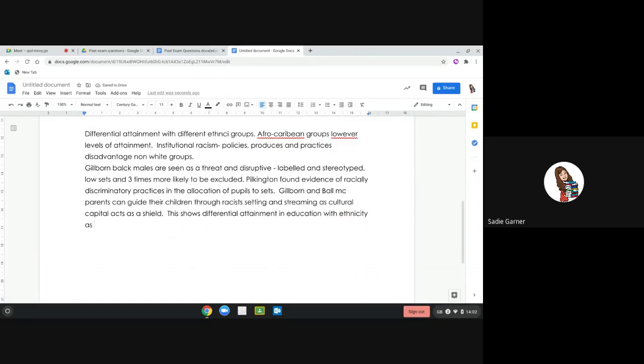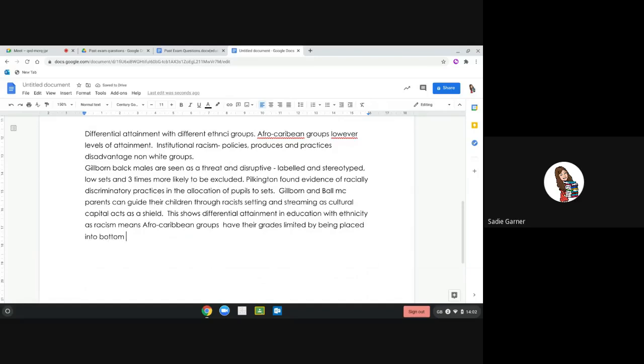As racism means Afro-Caribbean groups have their grades limited by being placed into bottom set.